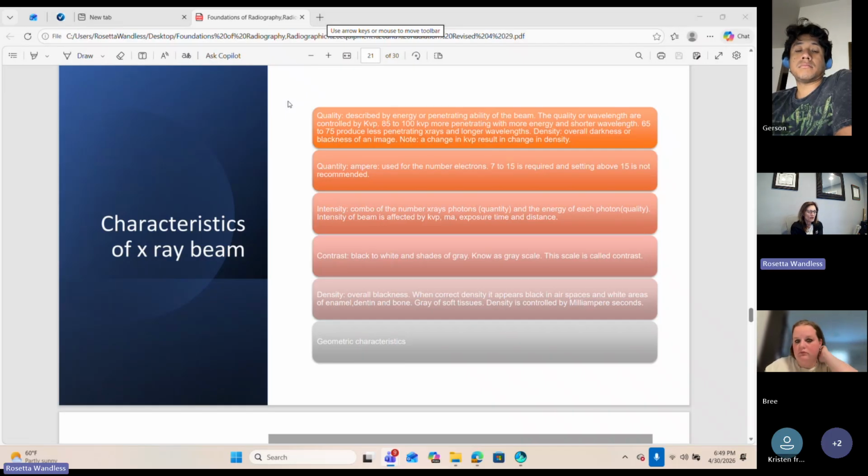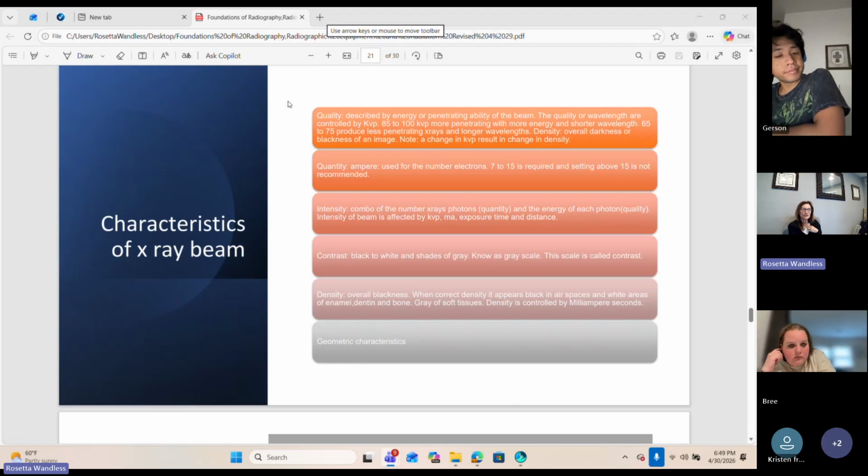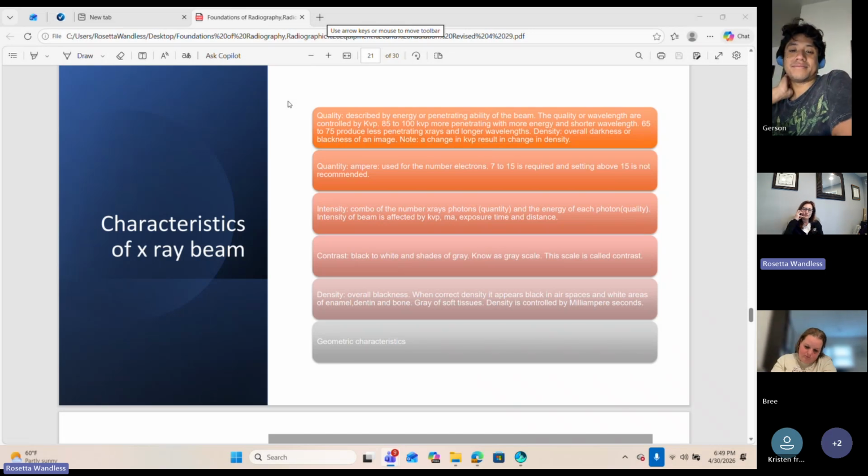So quality is going to be described in relation here as energy or the penetrating ability of the beam. You keep hearing me say penetrating power, penetrating beam, penetrating. That means how clean or how much energy or penetrating power does that beam have to infiltrate the tissue and capture a nice image, okay?